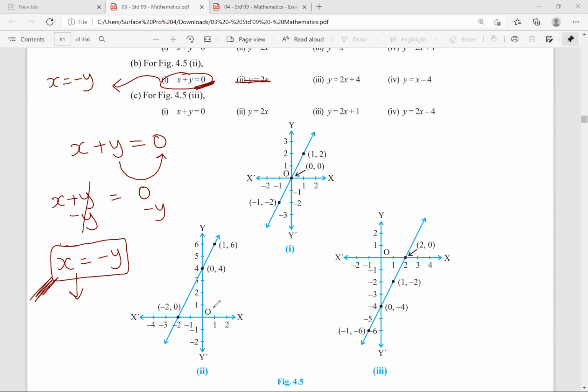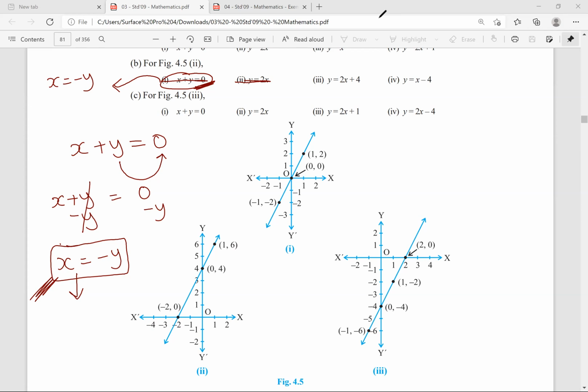And we can clearly see that this graph does not pass through the origin, so this is also not an option. Is it clear, or do you want me to repeat? It's clear, ma'am. Okay, thank you, Hamna.